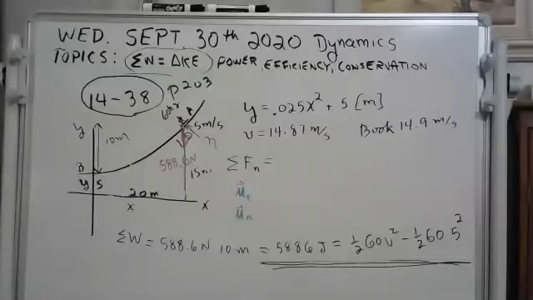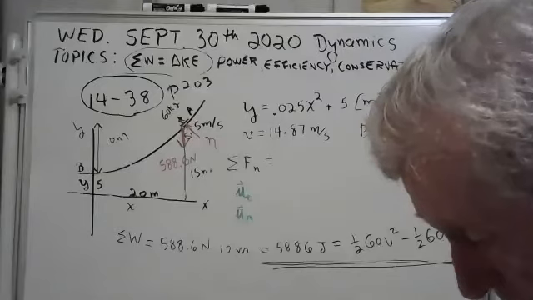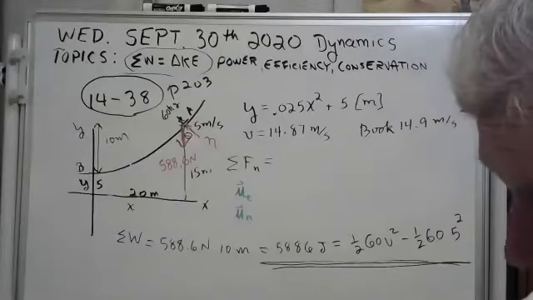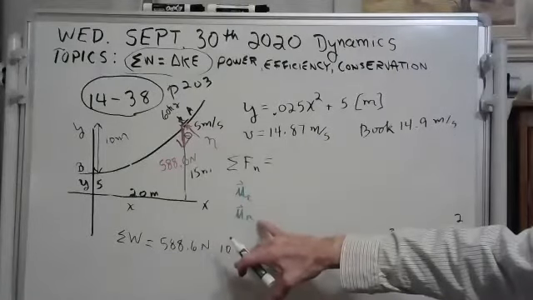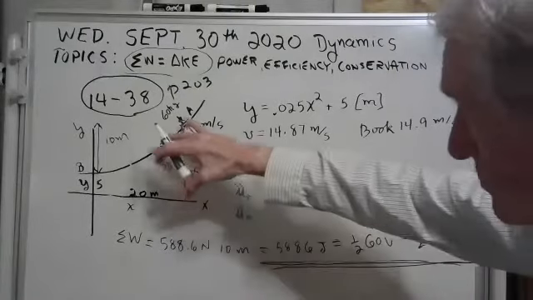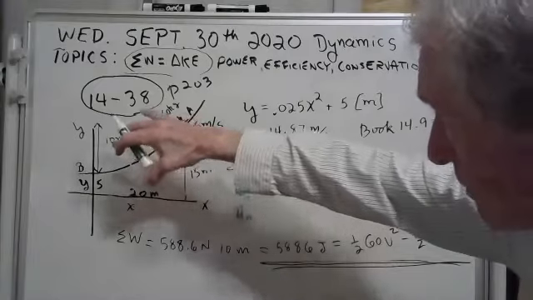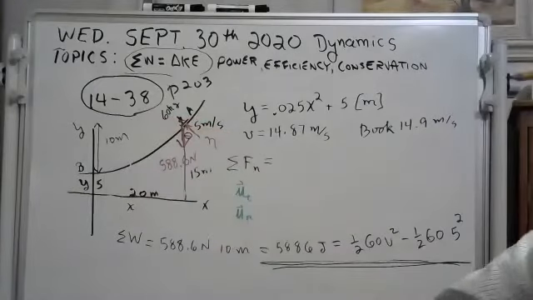There's a skier there, 137 pounds. Might be a teenager, you know. Right now, if you just tuned in, we're drawing the tangential and normal unit vectors at this skier on problem 1438.